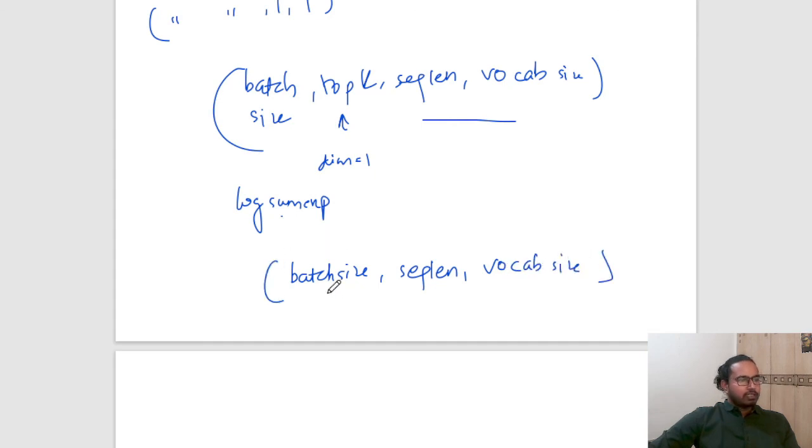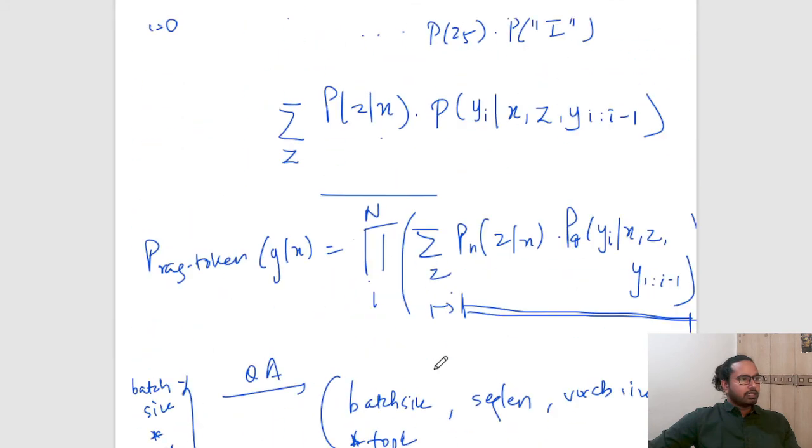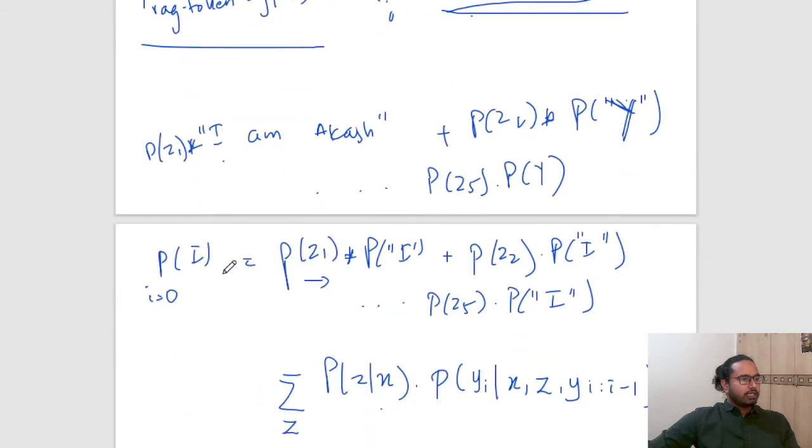So for all the possible sequences, let's say we were considering "I am Akash only", for the sequence position 0, when we are thinking about this particular token, we have adjusted the log probabilities such that it now considers the probability of "I" from each and every individual retrieved document.